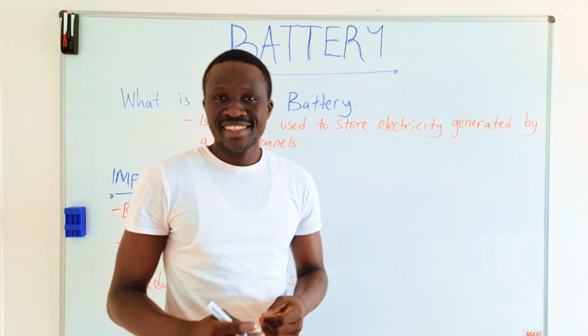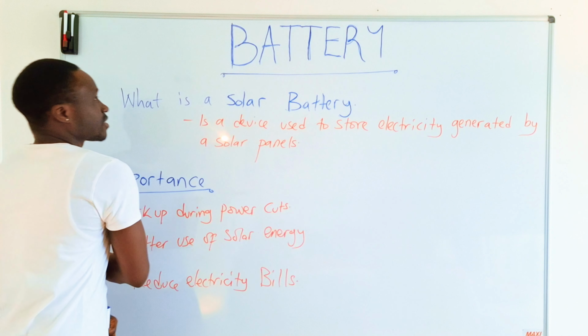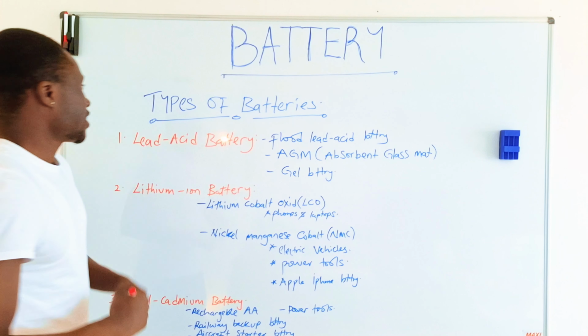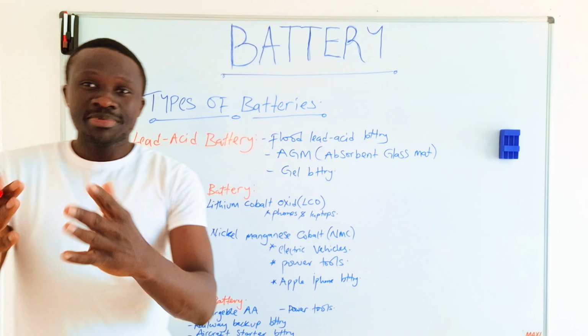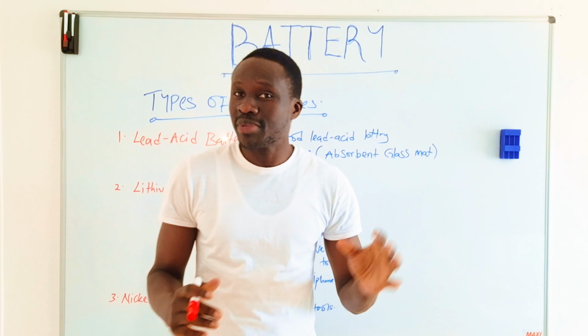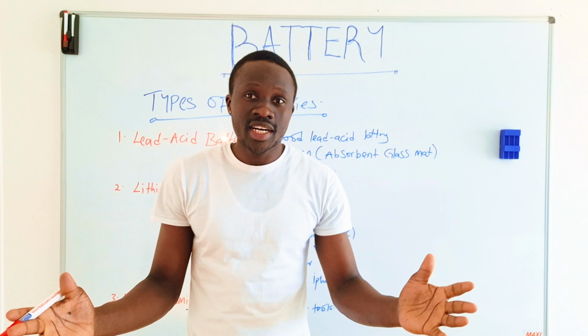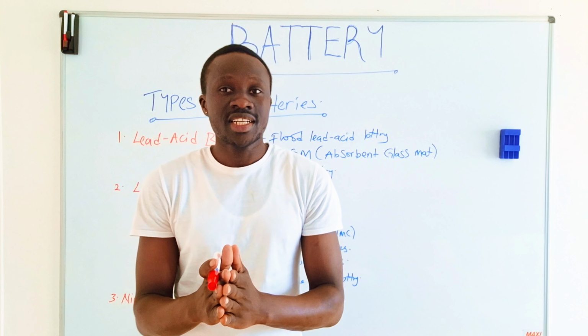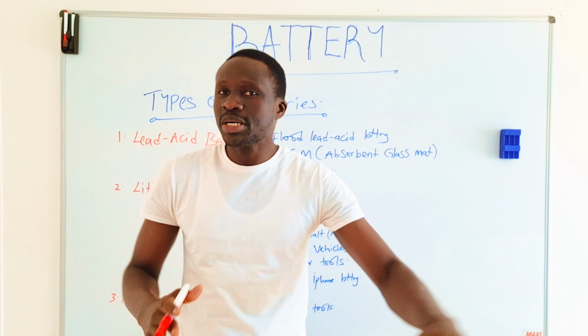Let's jump and see the types of solar batteries. Now here come the types of batteries. I'm going to give you a few types, but I told you any battery can work on solar, though solar has specific batteries, which are the powdered ones.